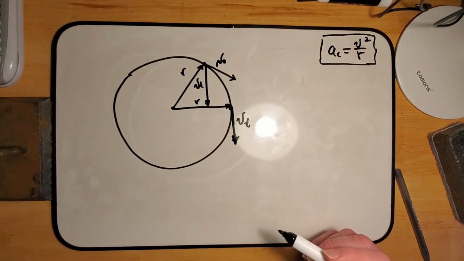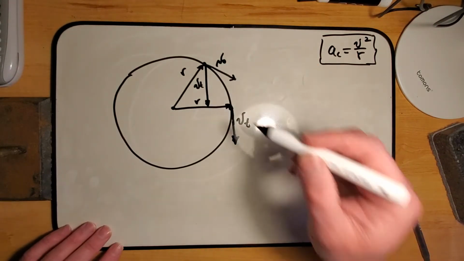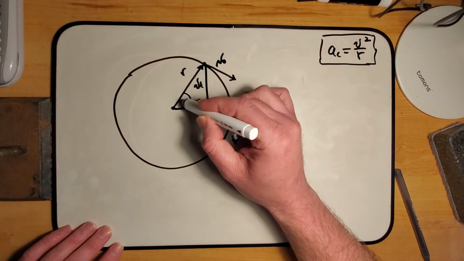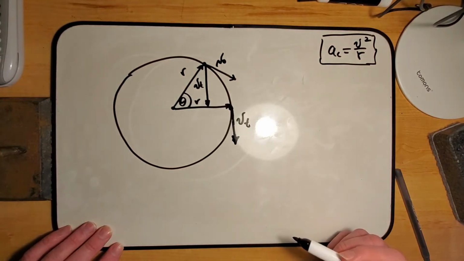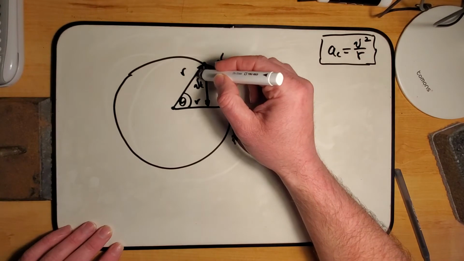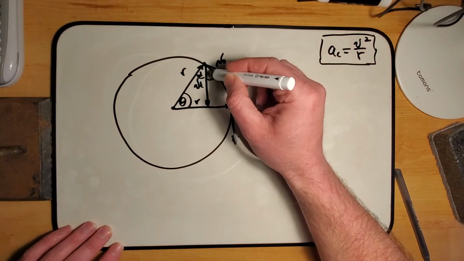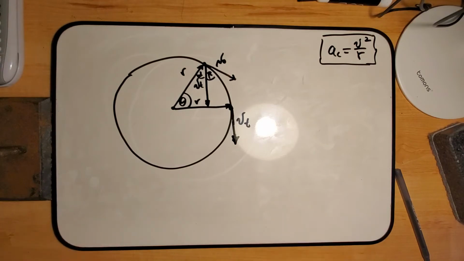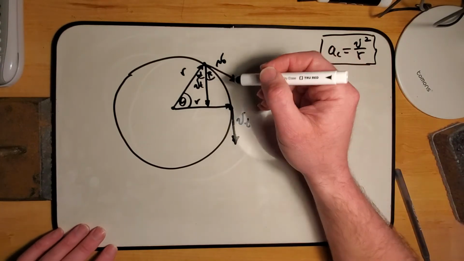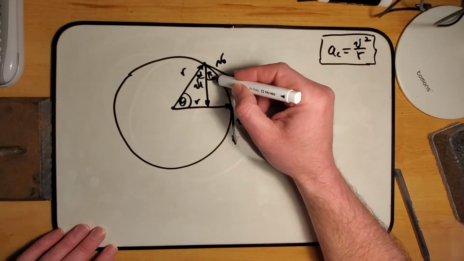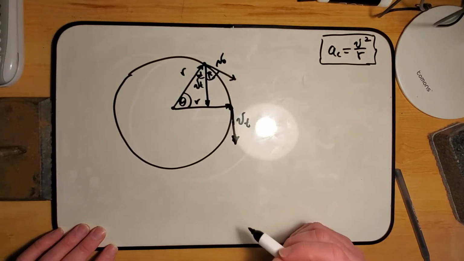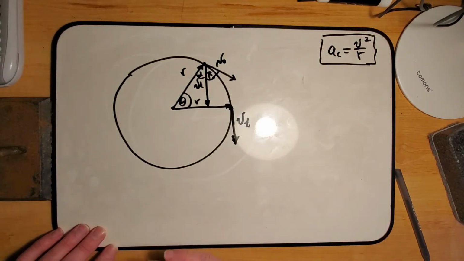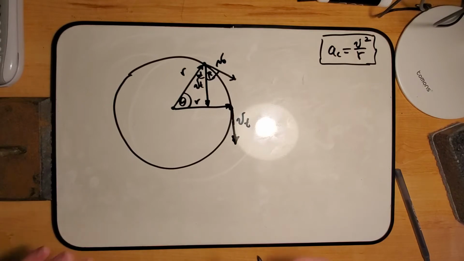My next step is to have an angle here, some angle theta. And I'm going to have this angle alpha here and a beta angle here. And again, if you do not want to understand how to derive this, you can just zoom out, tune out, whatever you want to do.